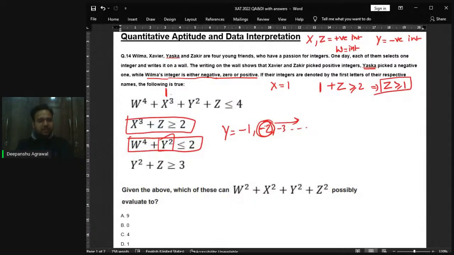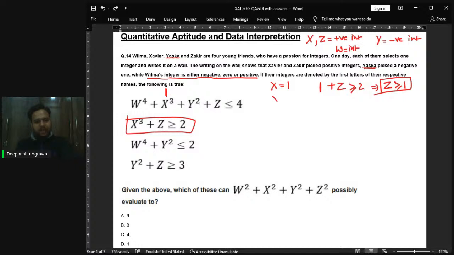Because if I put -2 square here, it will be 4, which is not less than or equal to 2, irrespective of the value of w. So this gives us a clue that y can have only the -1 value. So we have finalized the value of y as -1.